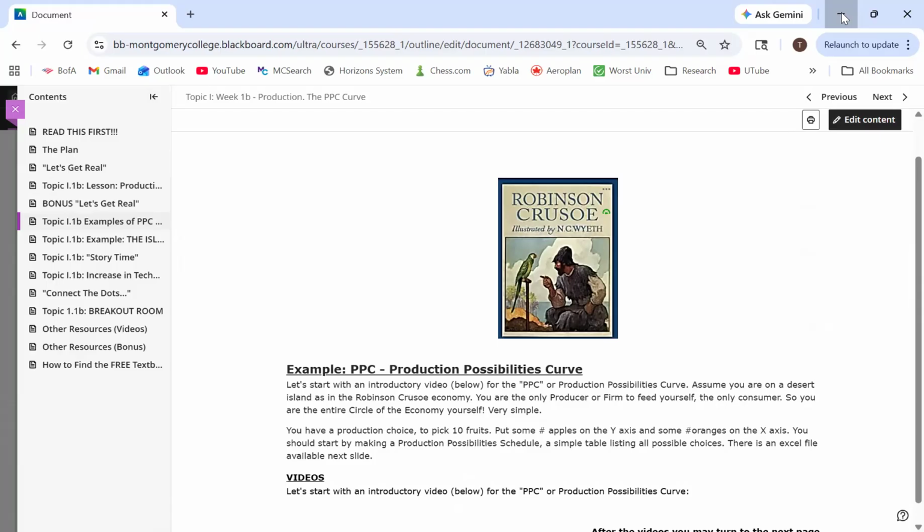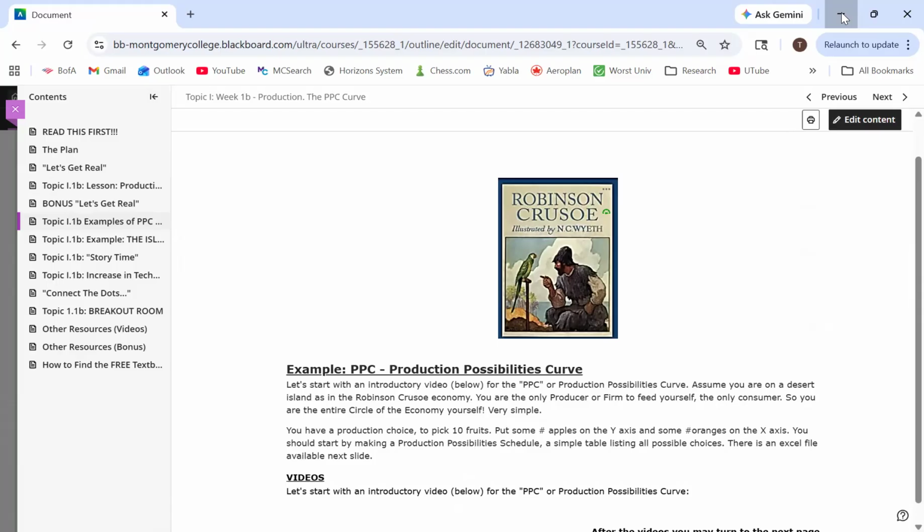No, not 19, 10. Because that means you will be at this point over here, and you will have going across for oranges, you will have 0, right? And let me make these a bit thinner and insert some more columns, right-click, insert some more columns, so we can have some more numbers in here.